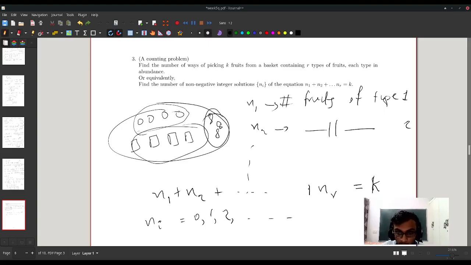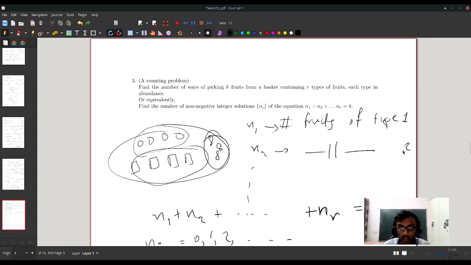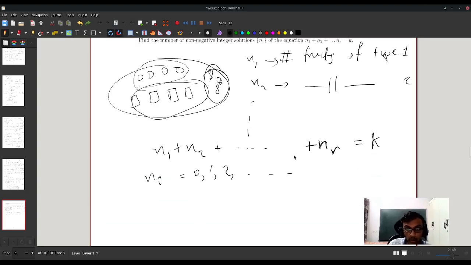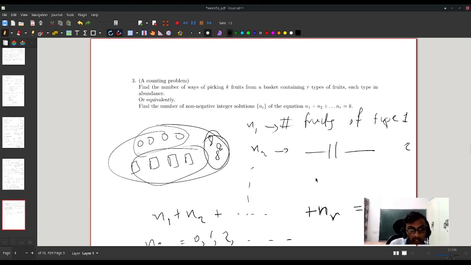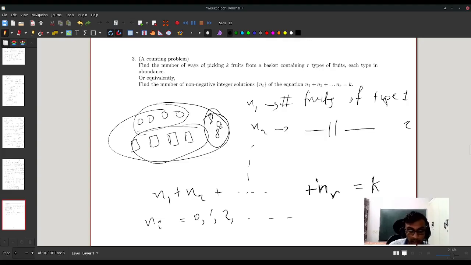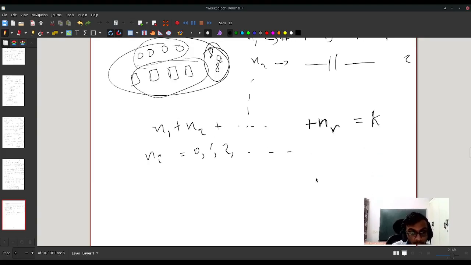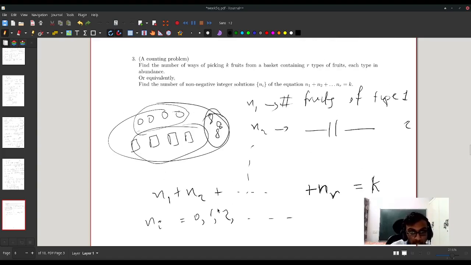This is one way of writing the same question, which is the number of solutions of this equation. It's a standard, popular question in combinatorics. So we can think of it like this.